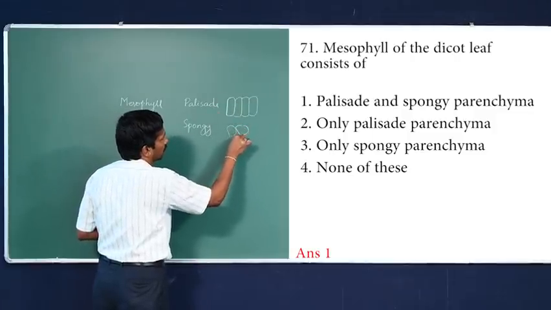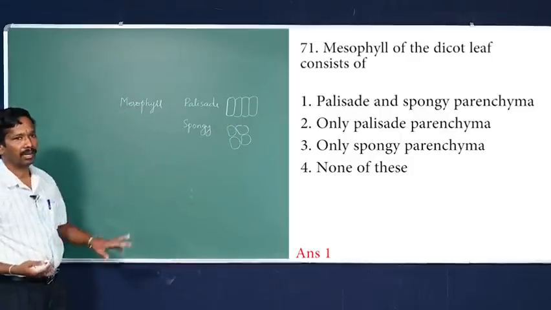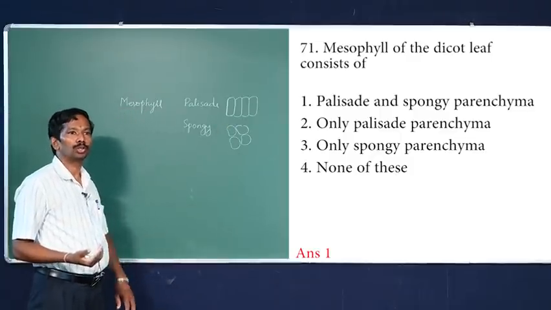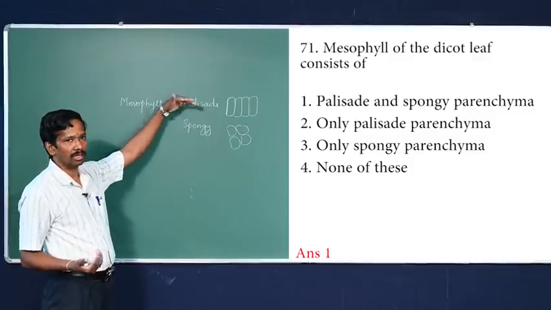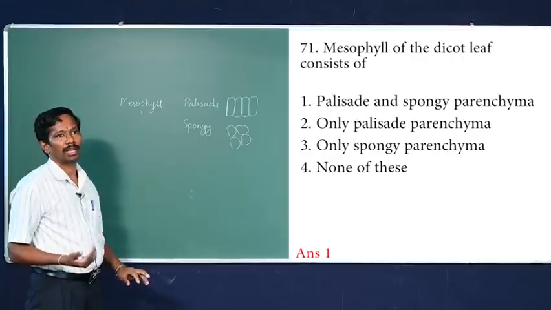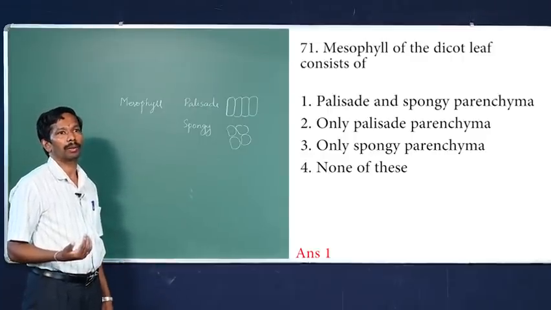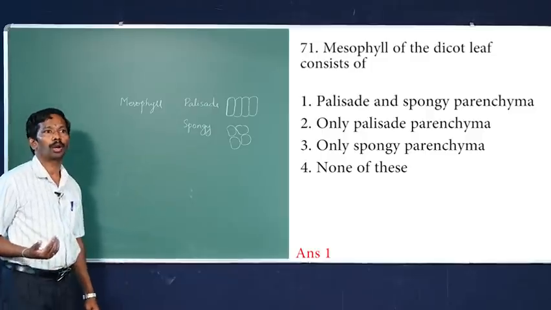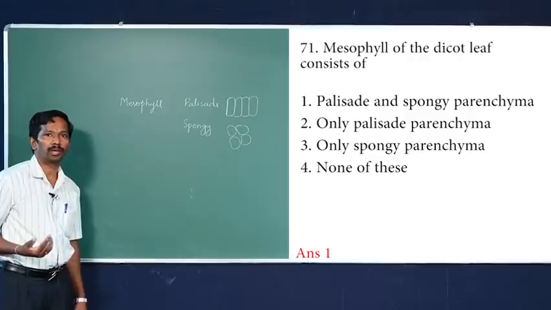Spongy parenchyma has irregular shaped parenchyma cells loosely arranged with prominent intercellular spaces. So answer should be 1 for question number 71. Palisade parenchyma towards upper surface and spongy parenchyma towards lower surface. Only palisade or spongy parenchyma may be present in monocotyledonous leaf, compared to dicot leaves. So answer is 1 for 71.